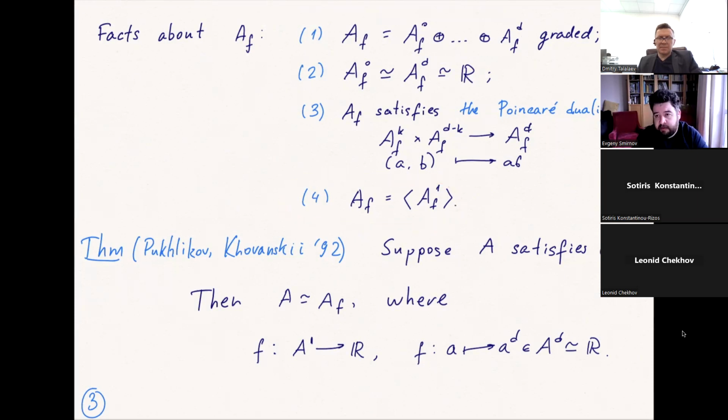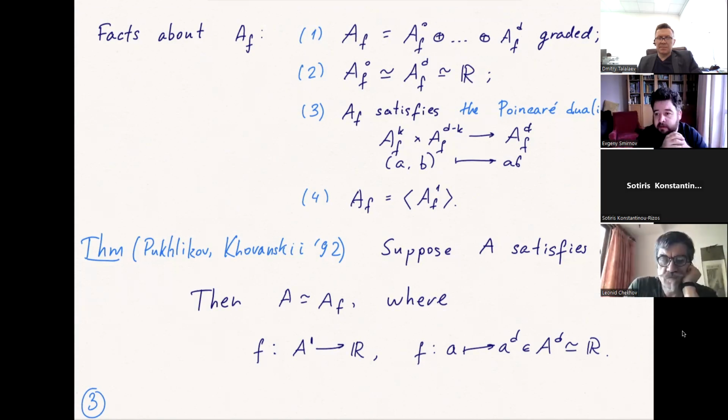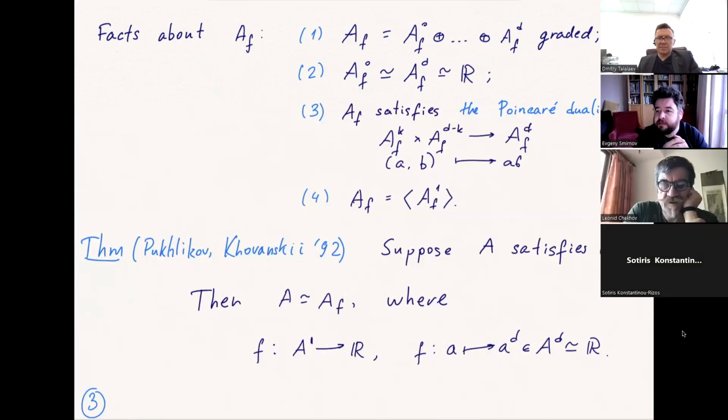They are not necessarily generated by the degree 1 component, but for some especially nice varieties, this is true. In particular, for those varieties I mentioned in the title, this is true, and for toric varieties and flag varieties. Questions?